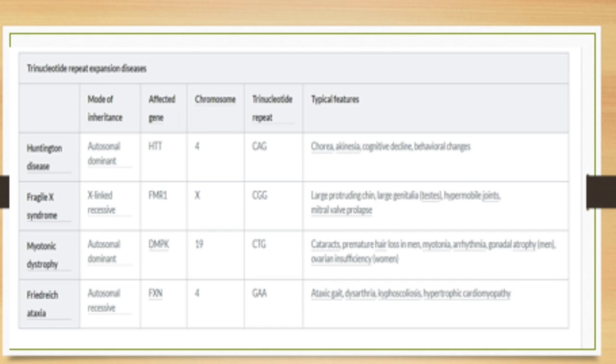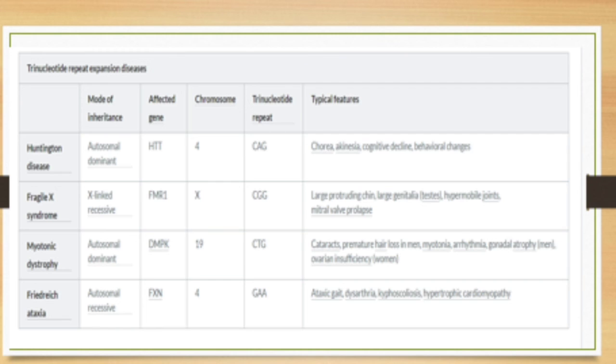One of the typical features of myotonic dystrophy is cataracts and hair loss. And fourth we have Friedreich ataxia. Friedreich ataxia is an autosomal recessive mode of inheritance, and the trinucleotide sequence repeated over here is GAA.